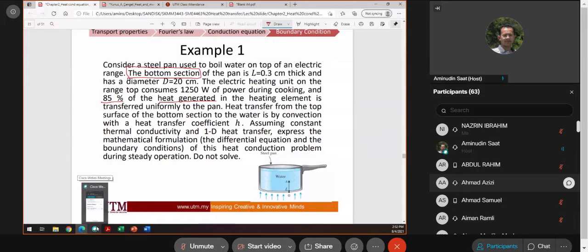If I can draw this, this is the bottom section of the pressure steel pan.